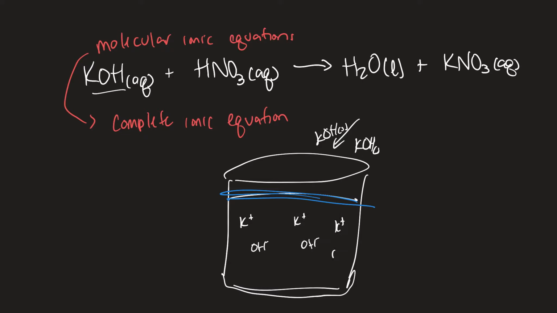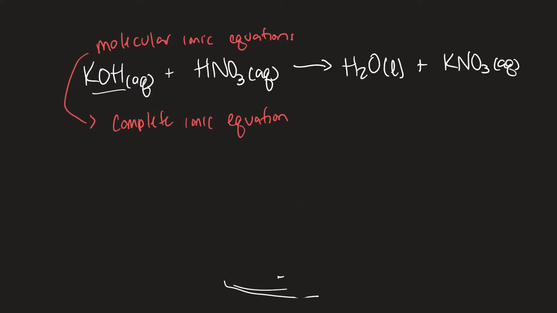The complete ionic equation illustrates this, and it shows that in solution, you don't really have potassium bonded with hydroxide. Really, they're separated out into their respective ions. That's what we're going to write here. So I'm going to erase this very quickly.